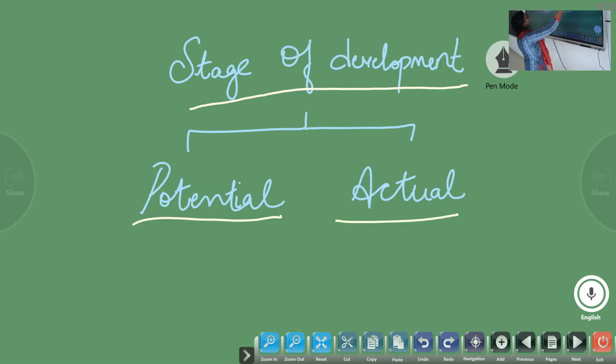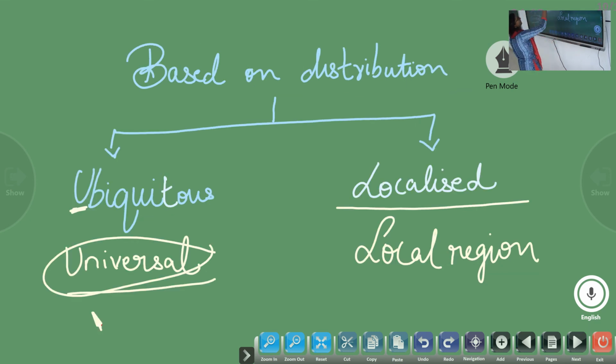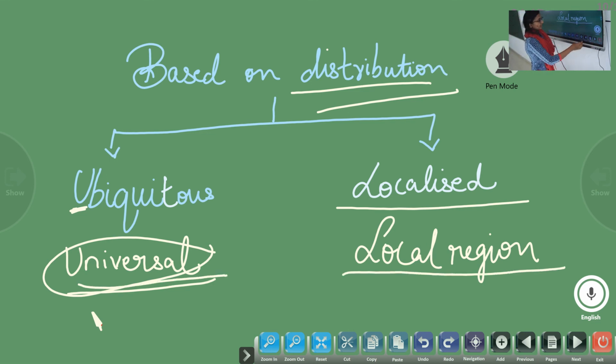And based on development, there are two types: potential and actual. Potential which can be made use of in the future, as right now it's not being used. Actual is being used right now. And finally, based on the distribution, we said there is ubiquitous and localized. This is universally available, but this is only available in the local region.